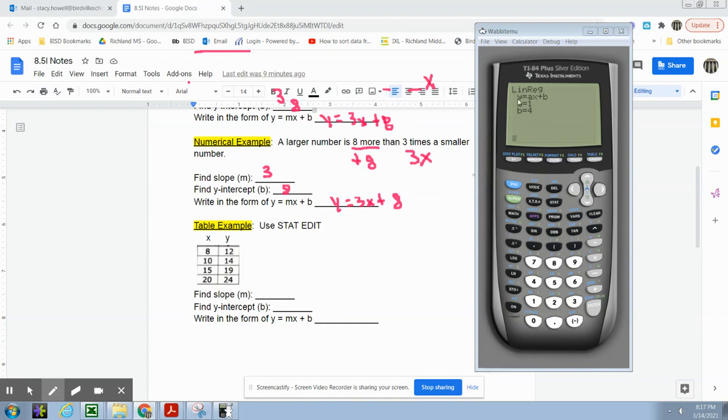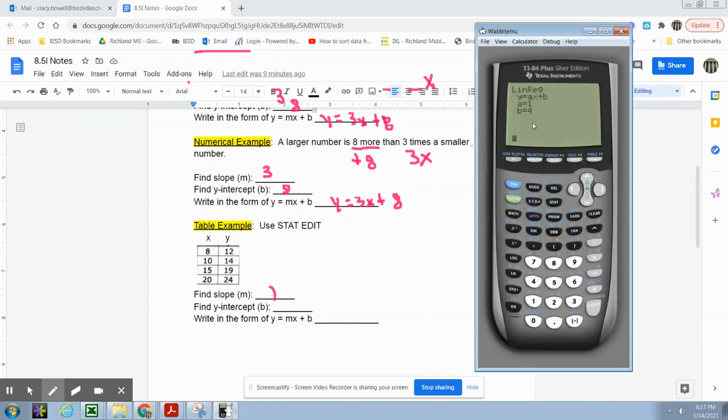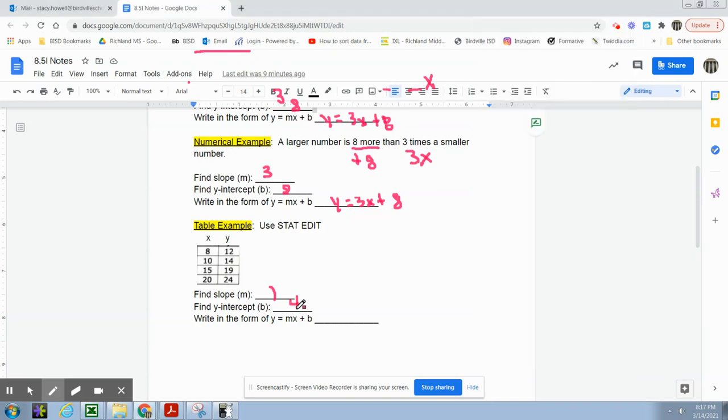So we know a is our m, so our slope is 1. The calculator says our y-intercept is b, our y-intercept is 4. So we have 1x, and they never put the 1, so y equals x plus 4.